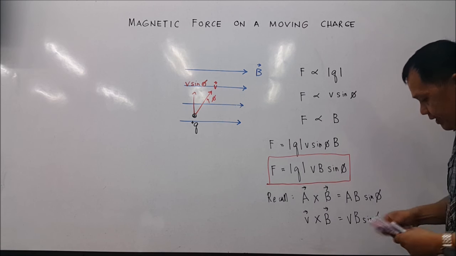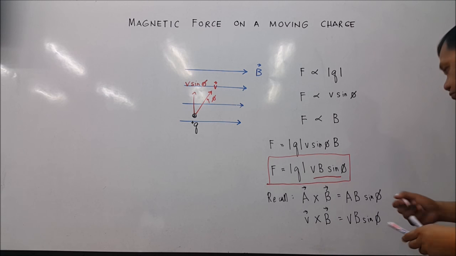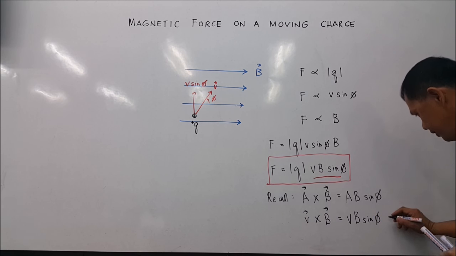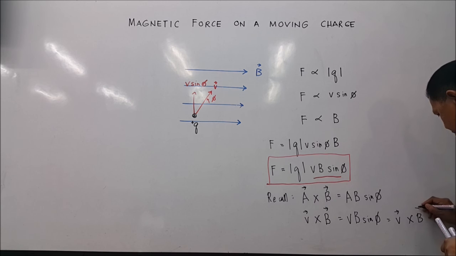So therefore, this part of our equation is actually V cross B.